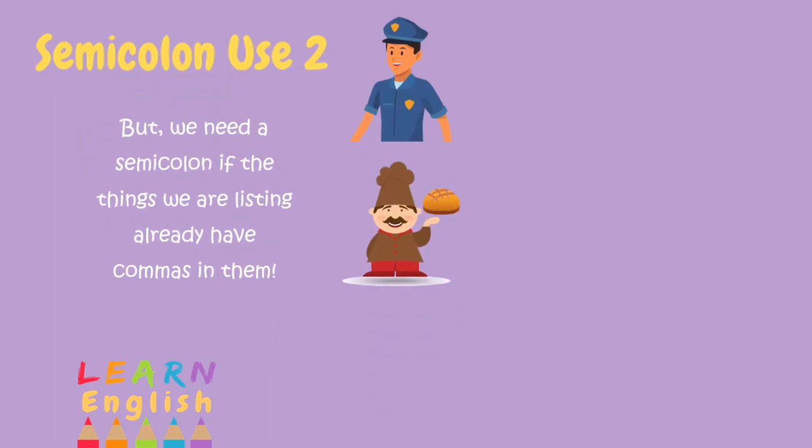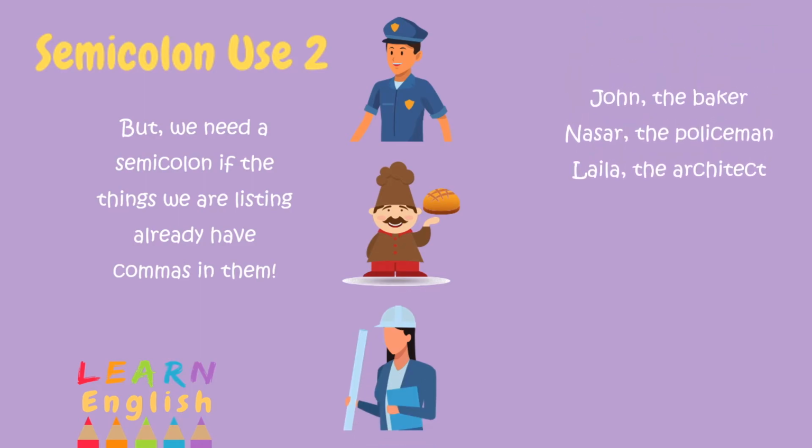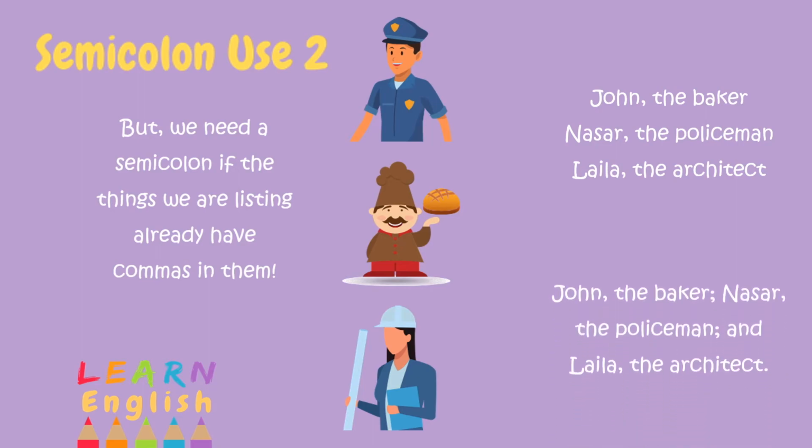For example, if we needed to list these things, John, the baker, the Tsar, the policeman, Layla, the architect, then we would use a semicolon to separate each part of the list instead of a comma, because there are already commas in the things we are listing. So, it would look like this.